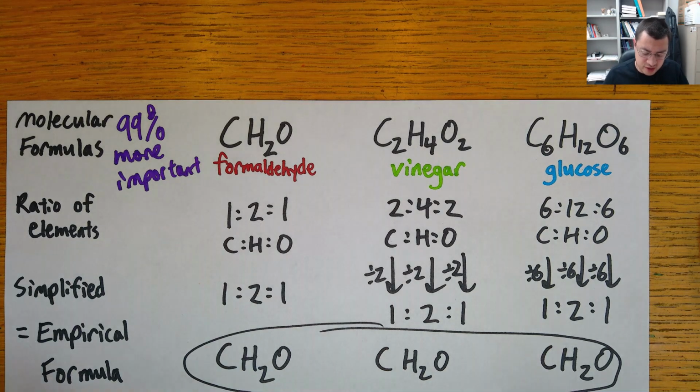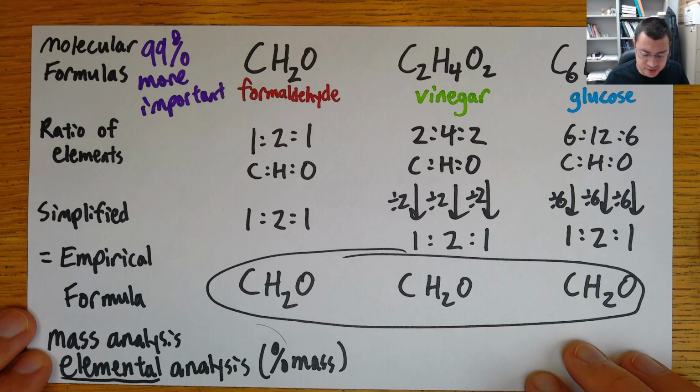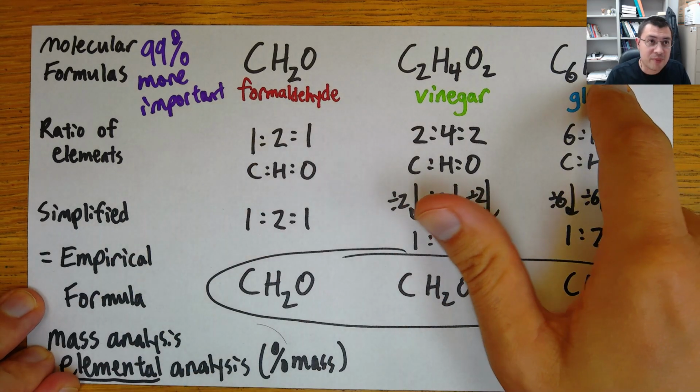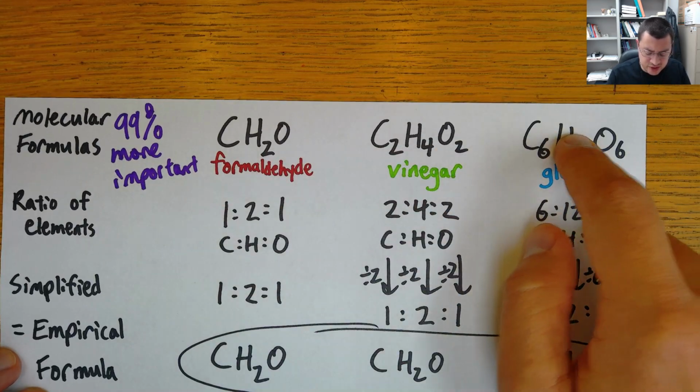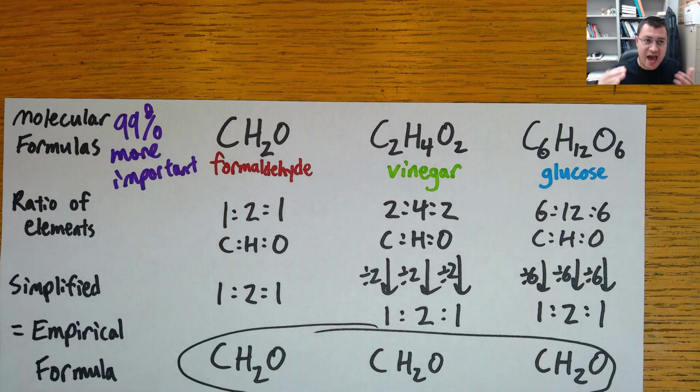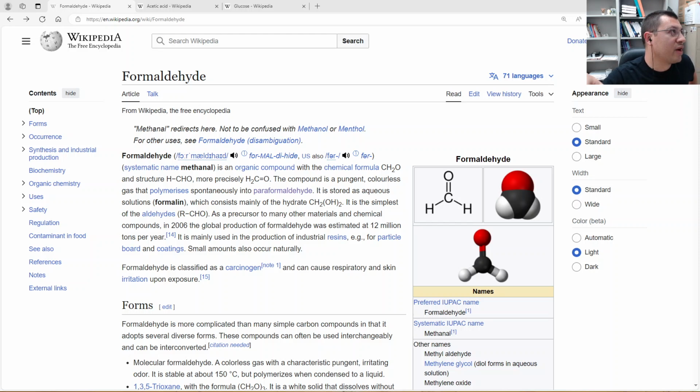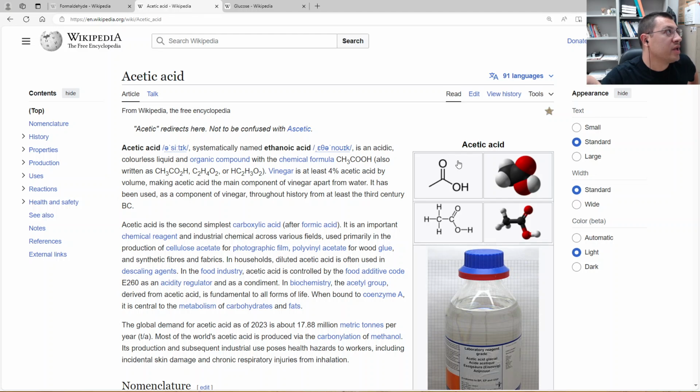What I want you all to take away from this, though, is that the molecular formula represents the actual chemical formula. So here's formaldehyde: 1 carbon, 2 hydrogens, 1 oxygen. Acetic acid, vinegar, in reality, it's not the empirical formula.